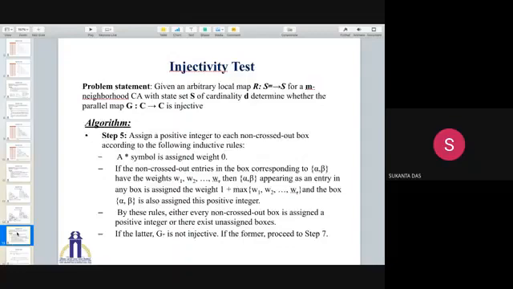Come back to the algorithm, step 5. It is saying assign a positive integer to each non-crossed out box according to the following rule. Okay, very interesting. So if a box is with star, you assign its weight as 0.